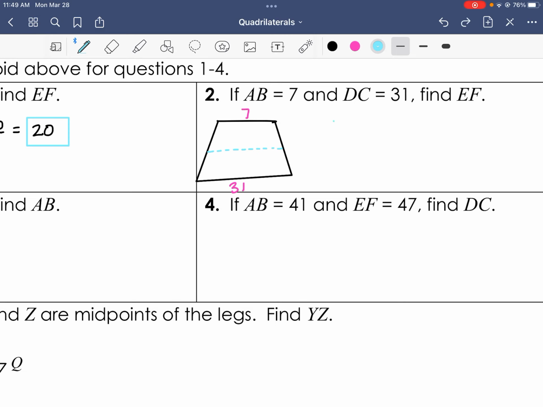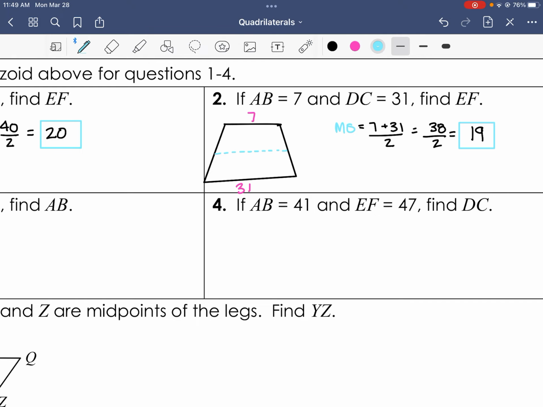That's totally not fair. Okay, so mid-segment. It's my top plus my bottom base divided by 2. So that is 7 plus 31 is 38 divided by 2. And that gives me 19. And we are done.